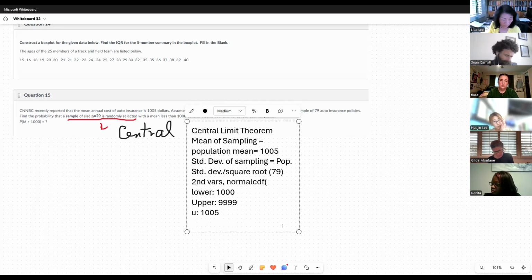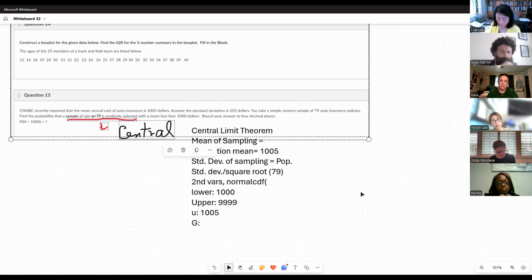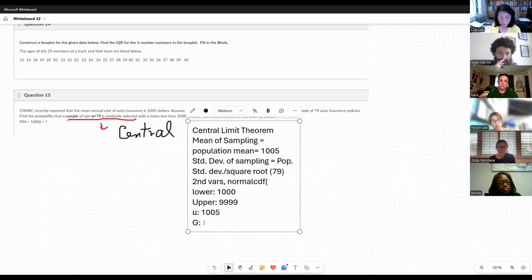And the standard deviation, I will use this symbol, sigma, given as 203. You cannot just input the 203 only. You need to divide it by the square root of the sample size, which is 79.